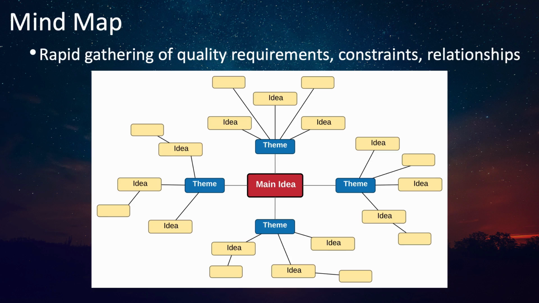Ideas or actions or tasks, or what have you, are then generated and organized into themes, groups, or categories. And then each of these ideas or whatever can have others connected to it. And this can go on for any number of levels.